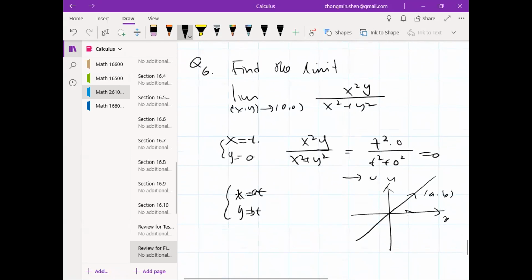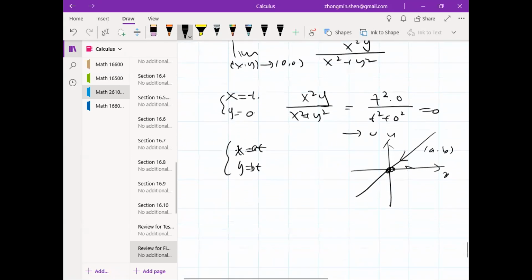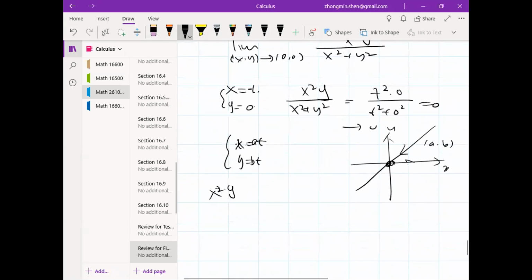Along this line, the function is going to be a squared t squared times b t over a squared t squared plus b squared t squared.